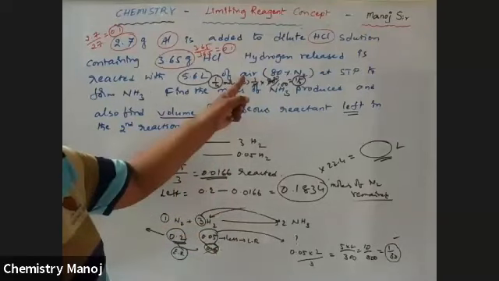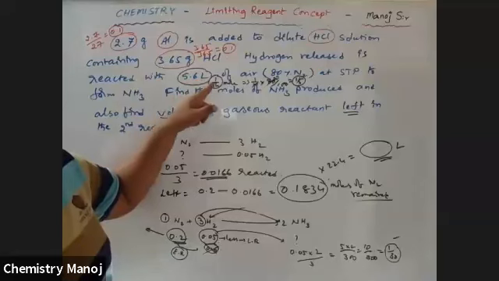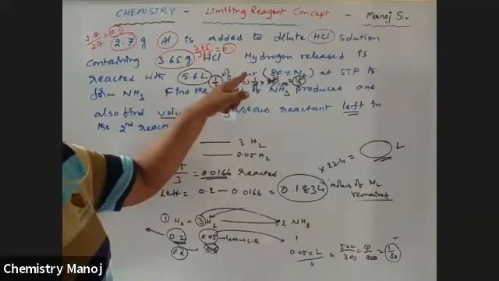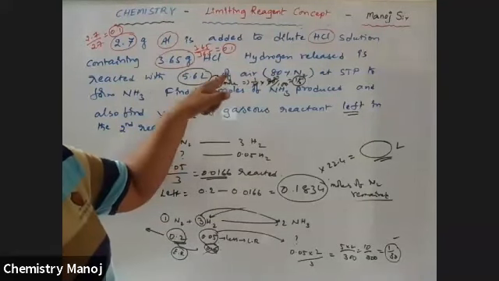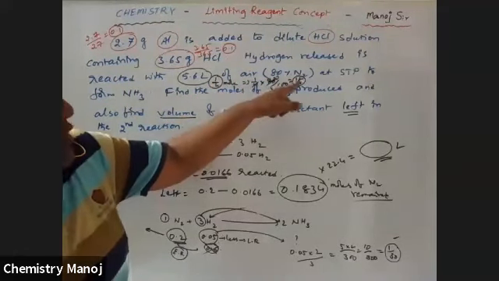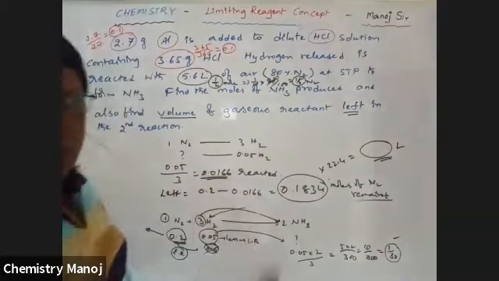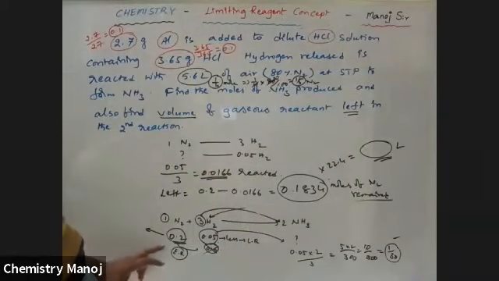Nitrogen is collected from air, which has 80% N2, 5.6 liters. 5.6 liters means 1 by 4 moles of air. In this 1 by 4, only 80% is nitrogen. That means 1 by 4 into 80 by 100, that is 1 by 5 moles of N2 is available and involved in the reaction. 1 by 5 means 0.2 moles.